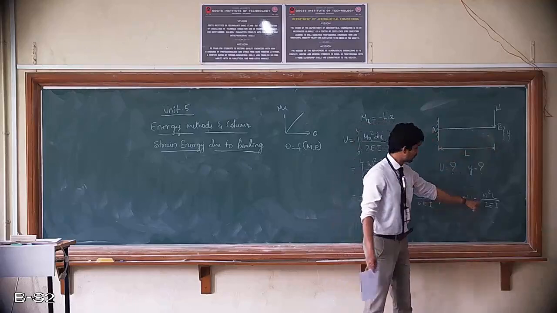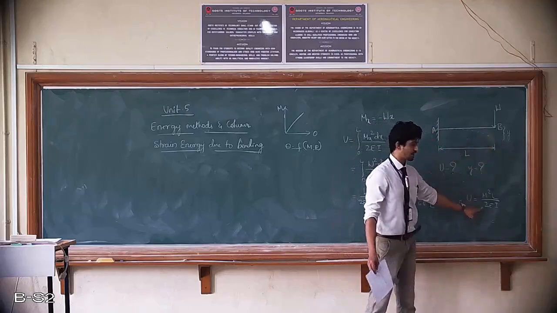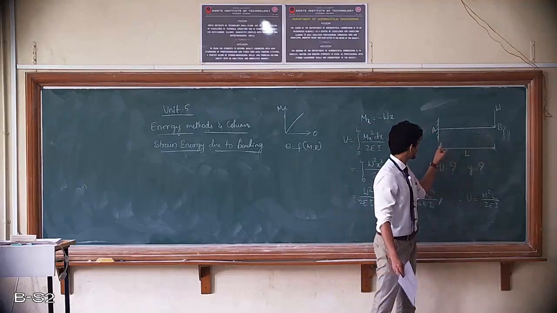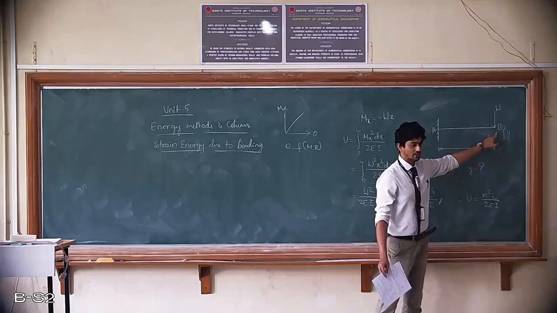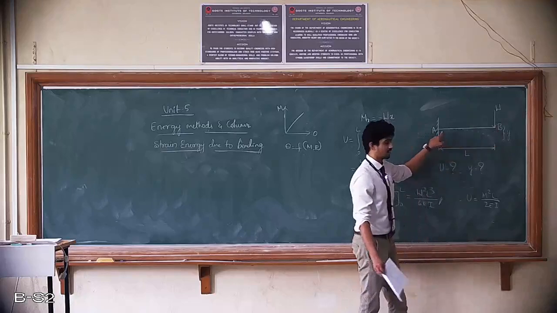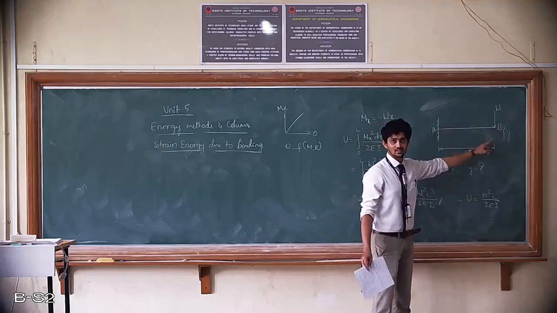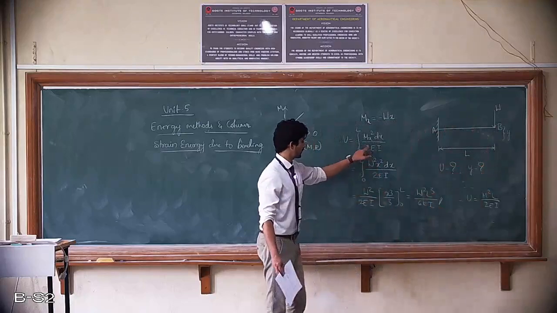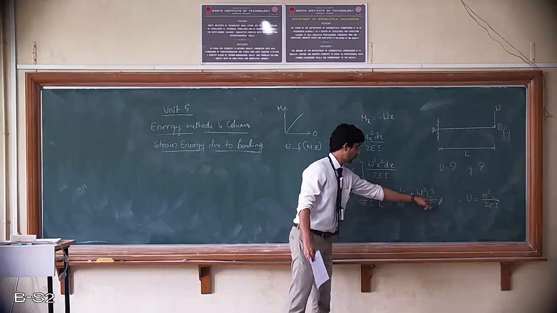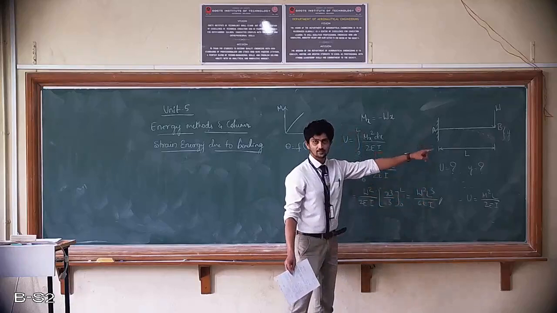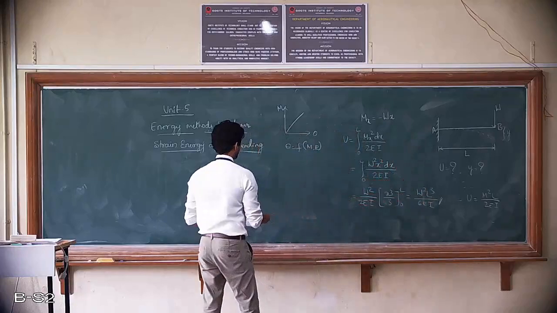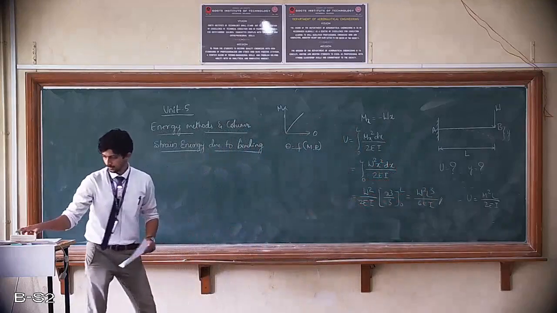If the moment is the same throughout the length, then you can write this equation. The moment is varying throughout the length. Moment is maximum here and less here, whereas deflection is maximum here and less here. So it is varying along the length and it is not the same, so we cannot use this equation. We'll be using this equation, and this is the final output for strain energy in this particular case. Then we need to deduce the deflection; we don't want this part.